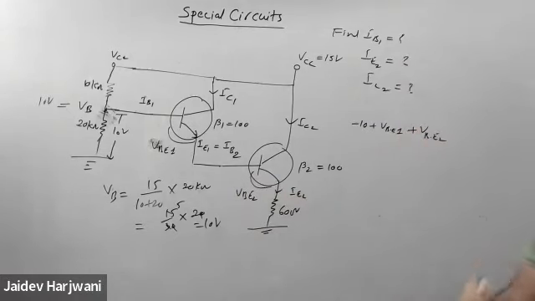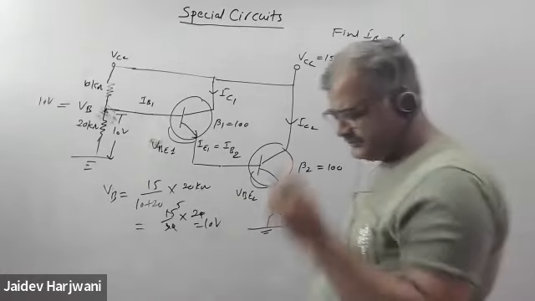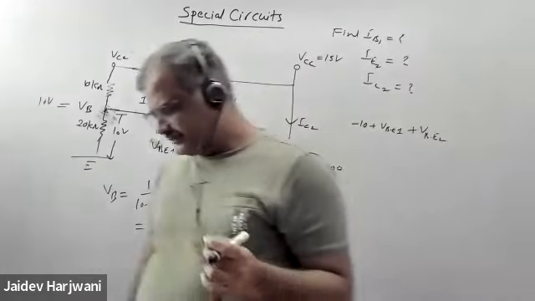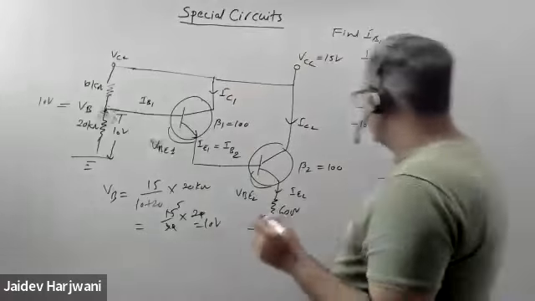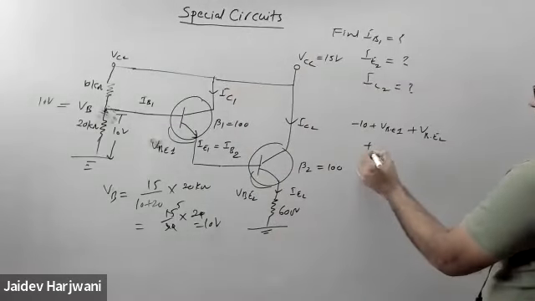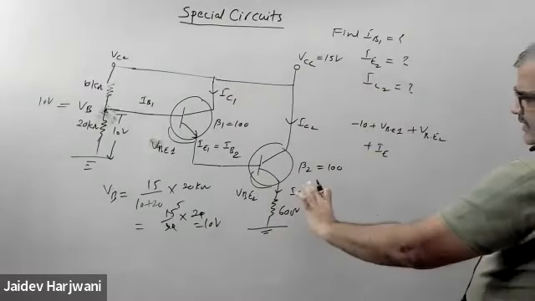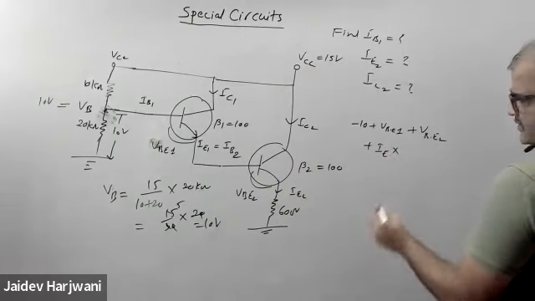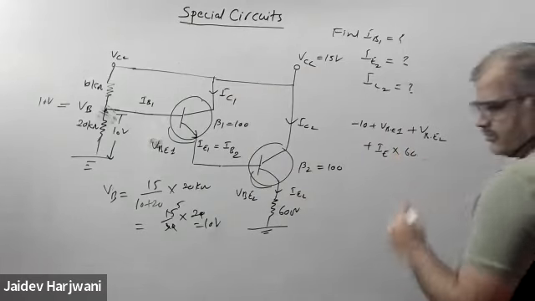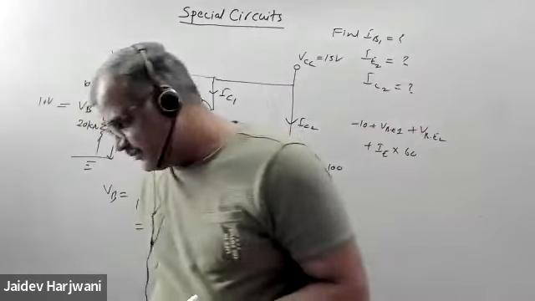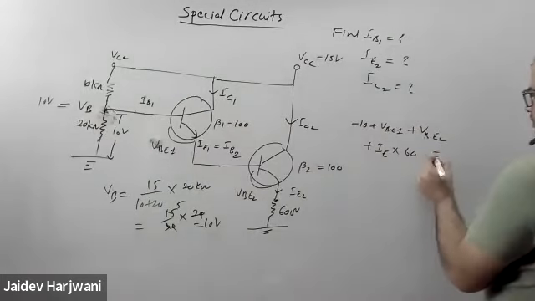Then here the current is IE2. IE2 into what? Is it 60 ohm or 60 kilo ohm? The question gives 60 ohm. This equals 0.